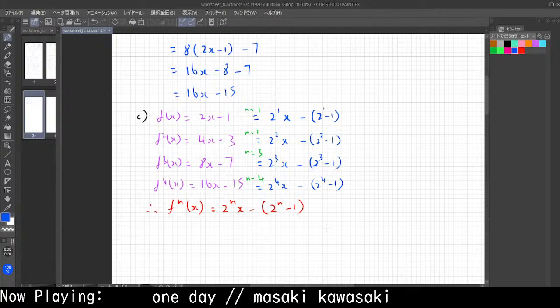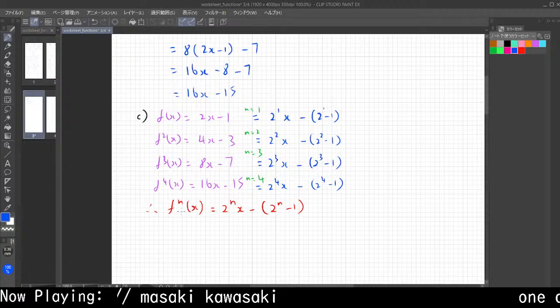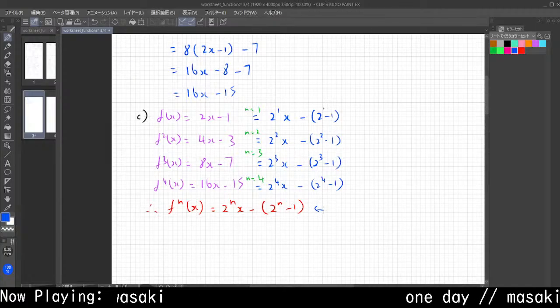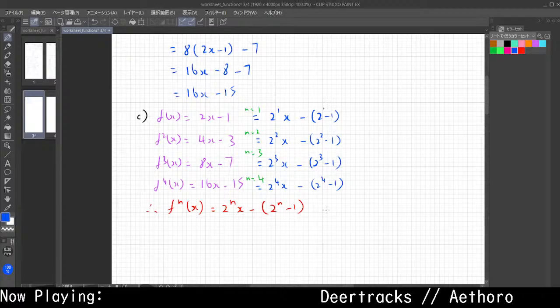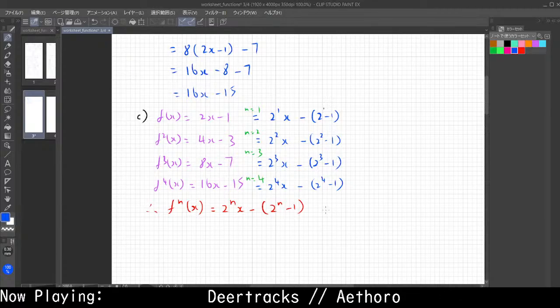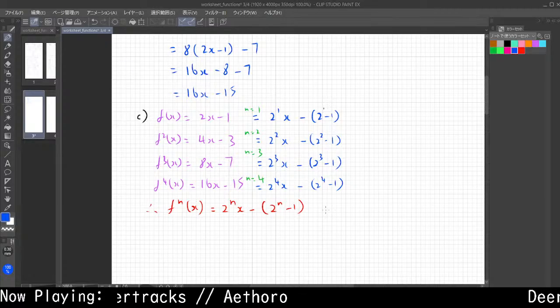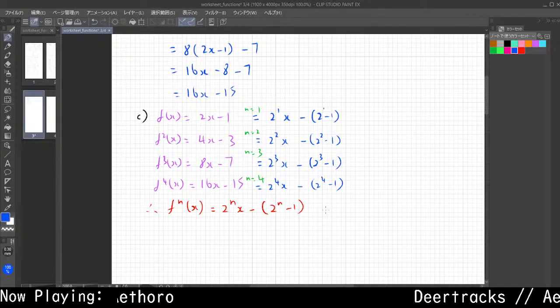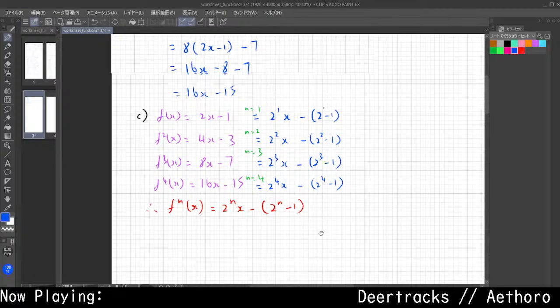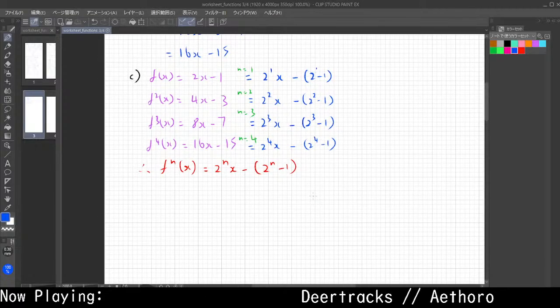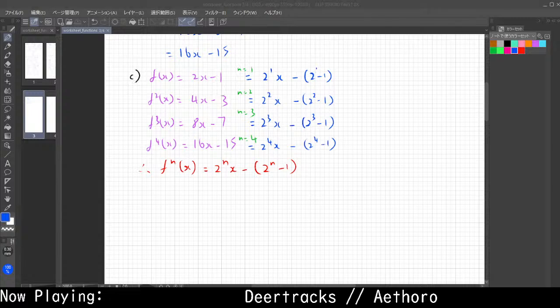Therefore, the general rule for your Fn would be this red colored one over here, where you only assign n to the thing that is changing, which is your power. Other than that, the 2, the x, and the minus 1 all stay the same. Okay, that's question 14. Thumbs up.